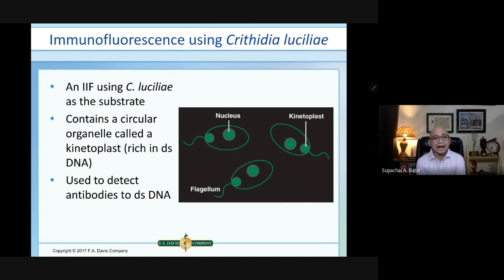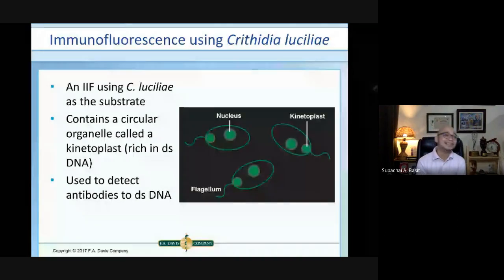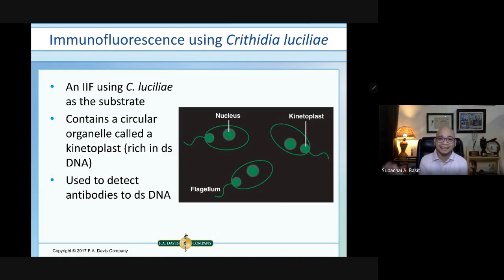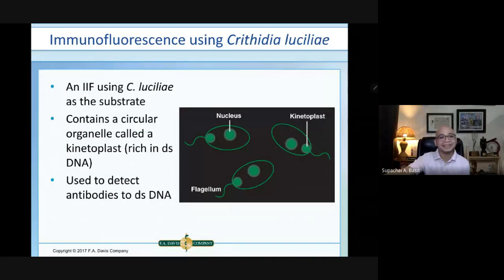Now, immunofluorescence can also use a parasite, not really a parasite, but an organism known as Crithidia luciliae. It is actually an example of a trypomastigote, and we can use this as a substrate. So instead of using rat kidney cells as substrate, we can use this particular organism.